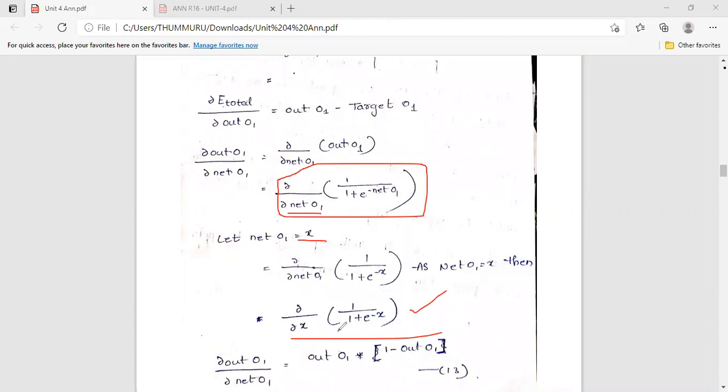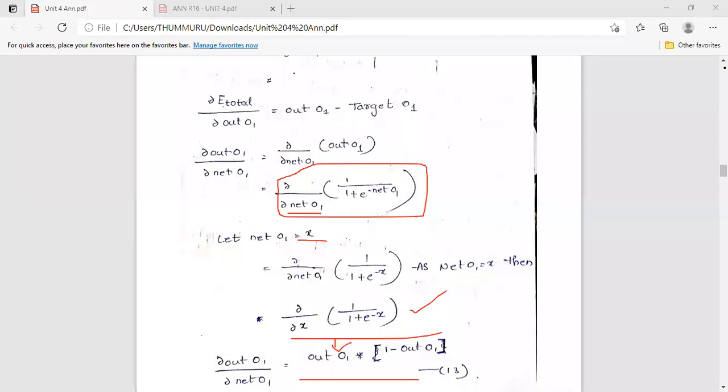Finally, if you substitute this one, this is the total outcome: out O1 into 1 minus out O1. You may represent it like this also: out O1 into 1 minus out O1, instead of dou out O1 by dou net O1.